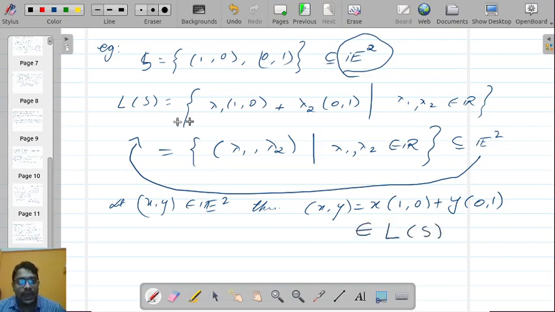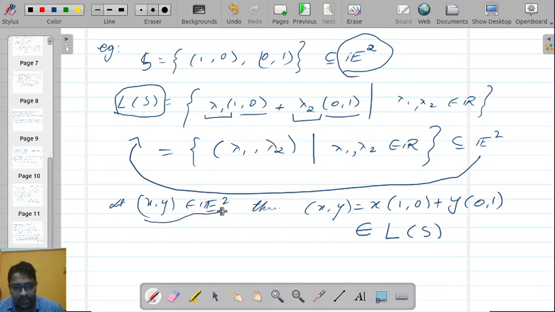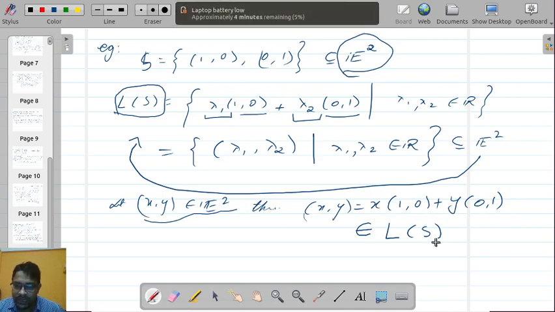Why? LS contains only those elements which are of the form some scalar into (1,0) plus some other scalar into (0,1). So if we start with any element (x,y) in E square, it can be written as x into (1,0) plus y into (0,1), so it is an element in LS.